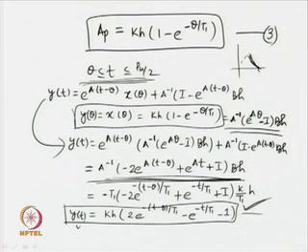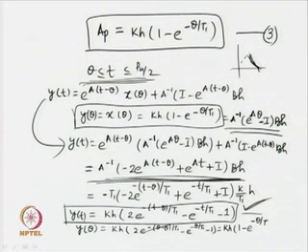Whether we are getting the same expression or not, when time t equal to theta, y(t) becomes y(theta) equals K h (2 e to the power minus theta upon T1 minus e to the power minus theta by T1 minus 1), which is equal to K h. So, this term will give you 1, e to the power 0 is 1. So, 2 minus 1 is 1, 1 minus e to the power minus theta upon T1. Therefore, this expression is correct. We have checked the correctness of this expression.